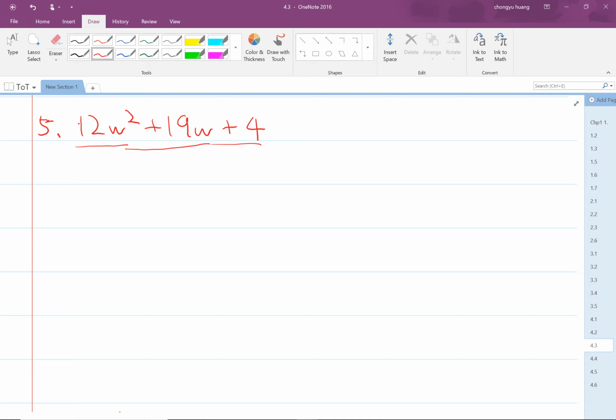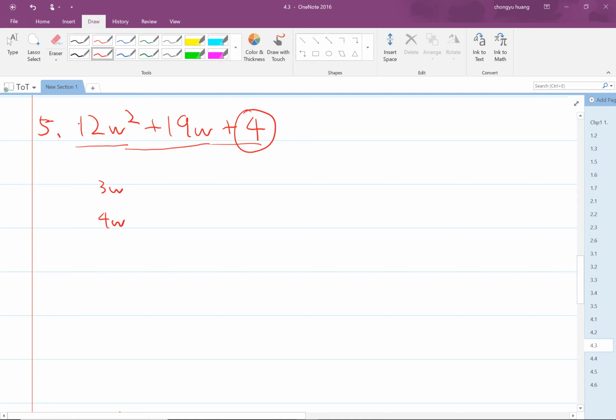So maybe we're going to try 3w and 4w first. If we choose 3w and 4w, then 3w multiplied by 4w is equal to 12w squared. So that's valid. And then you can see we got a 4 over here.